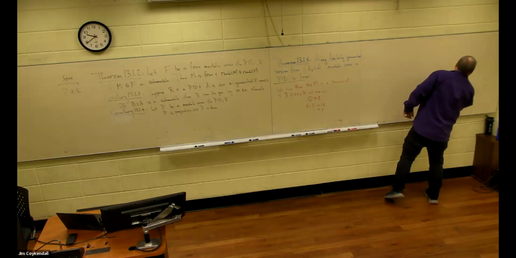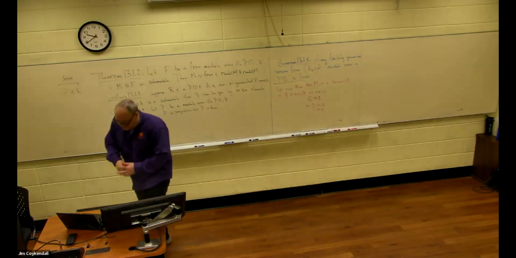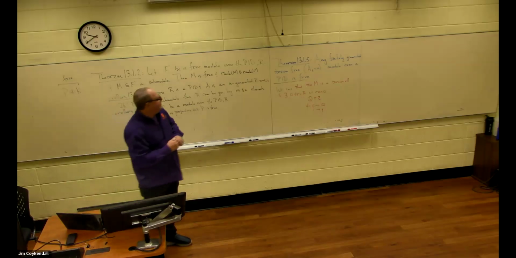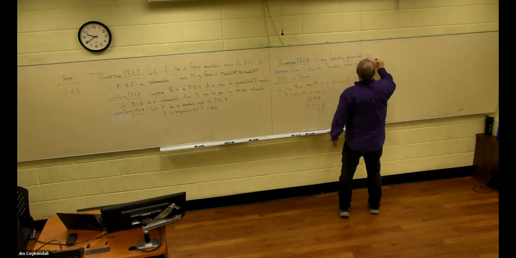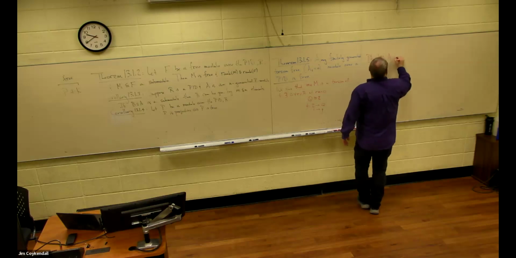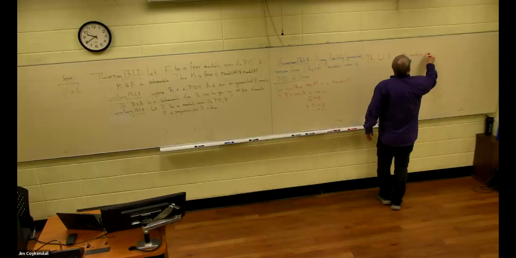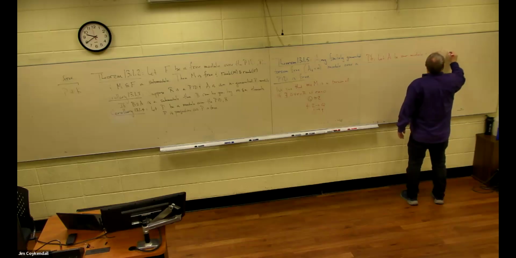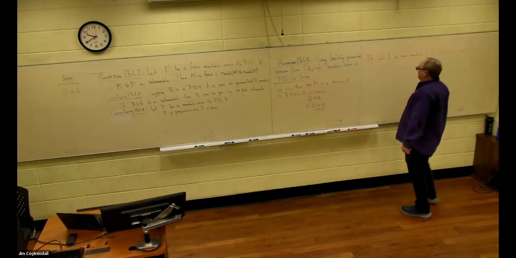Okay, so let's prove this, because I like the proof of this too. So we did say that, let A be our module, and A is generated by x1, x2, up to xn.